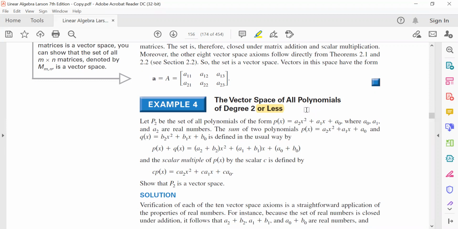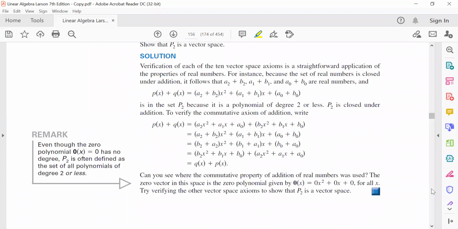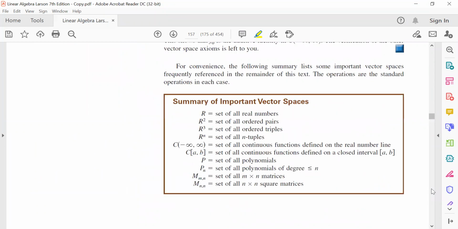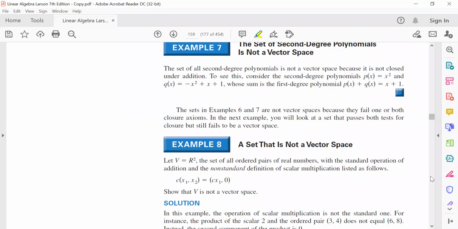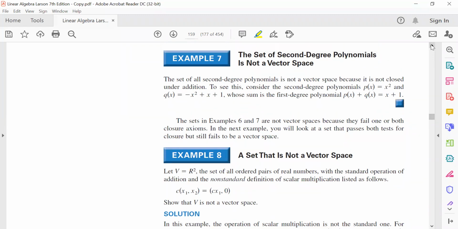I kind of glossed over it, but those words are actually critically important for why this is a vector space. And the following example, which I'm about to show you, is not going to be a vector space. So let's say we have the set of all second degree polynomials, not second or less, but strictly second degree polynomials. That's not going to be a vector space.